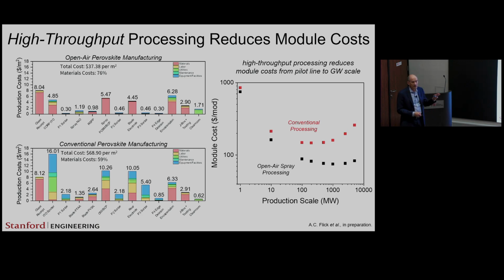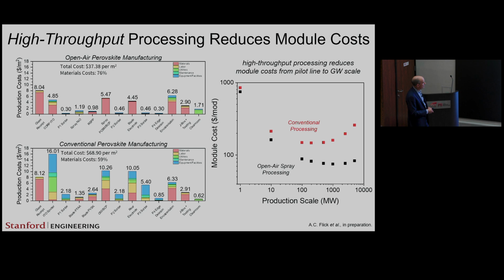I mean, including things like leasing of floor space, depending on how many pieces of equipment you need for the process line. And what we're doing here is comparing the open-air plasma processing with conventional perovskite manufacturing. So this is when you're having to do anneal steps and when you're having to do very controlled environmental processing.